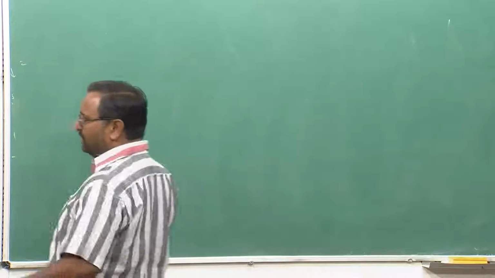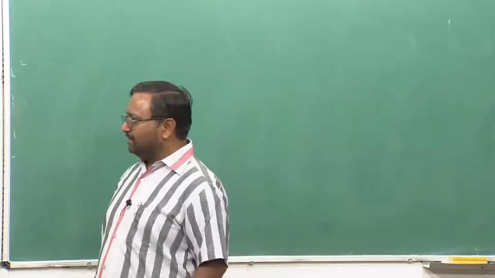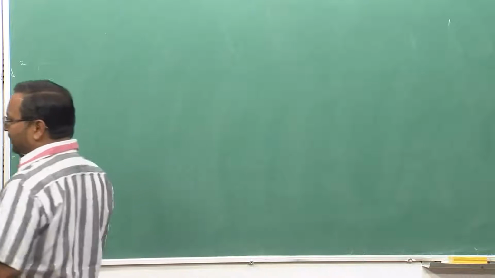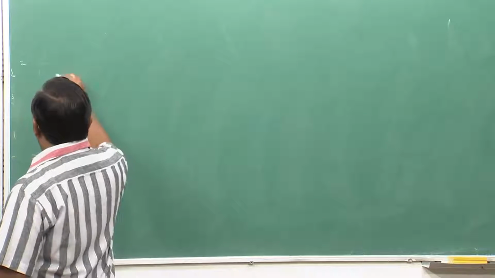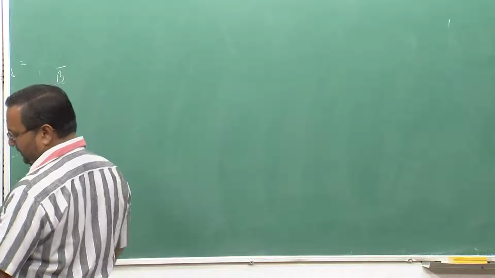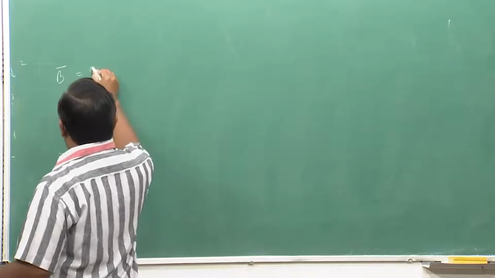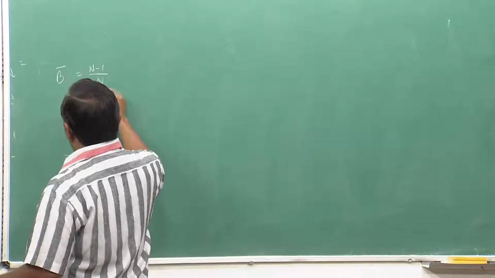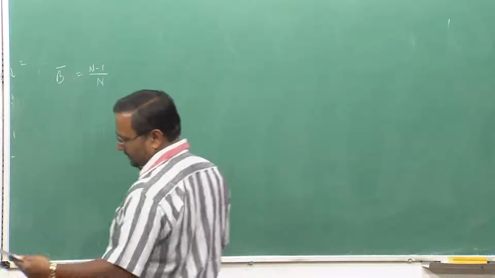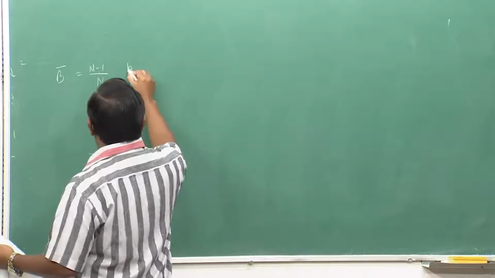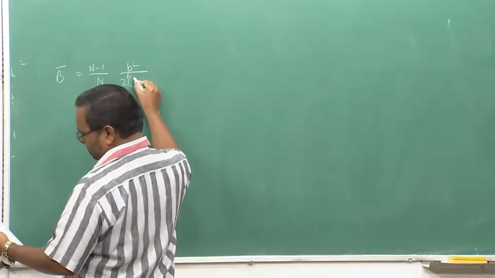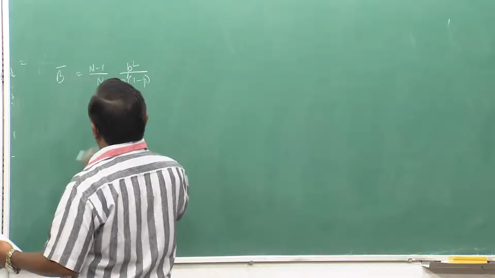Kindly refer to the earlier video for this particular thing. So we will end up getting B bar given by (n minus 1) by n into p square by 2 (1 minus p).